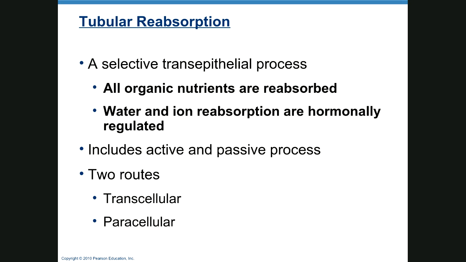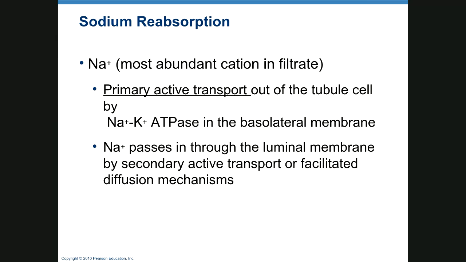Tubular resorption is a selective process. All the organic nutrients are reabsorbed, water and ions are reabsorbed. Some of this is hormonally regulated. Sodium is the most abundant cation in the renal filtrate, and active transport out of the tubule cell is a major way that you have sodium resorption.